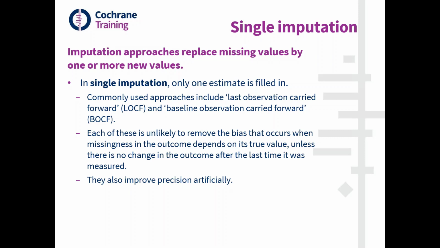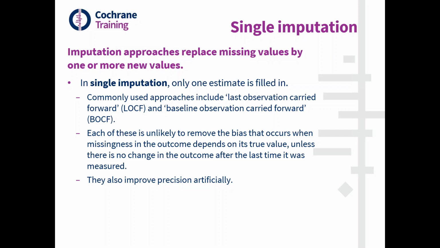So in imputation, we replace the missing value by an imputed value, which really just means a guess of the value. And single imputation is where we do that just once. Commonly used single imputation approaches include last observation carried forward.